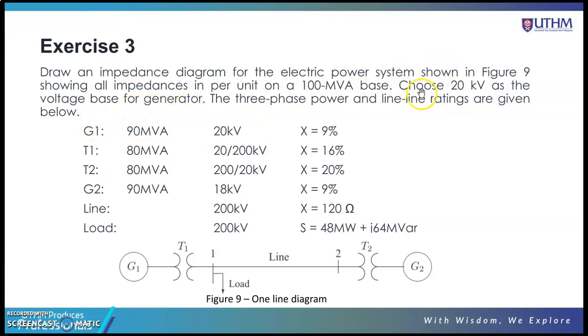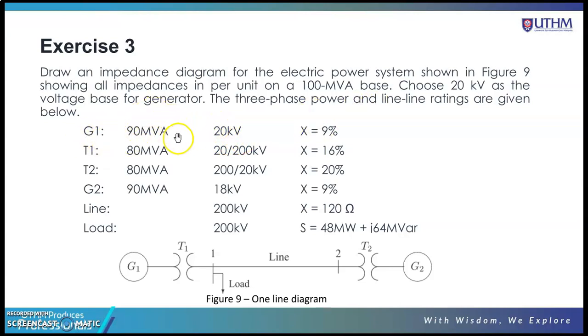You can choose 20 kilovolt as V base for the generator. The three phase power and line to line ratings are given below. For example, the voltage is 20 kilovolt for generator 1, which is a line to line voltage.